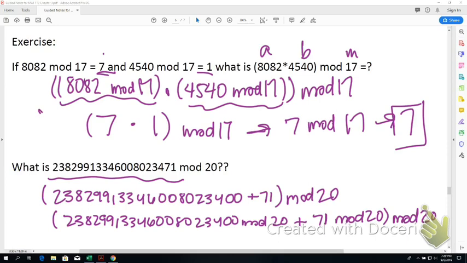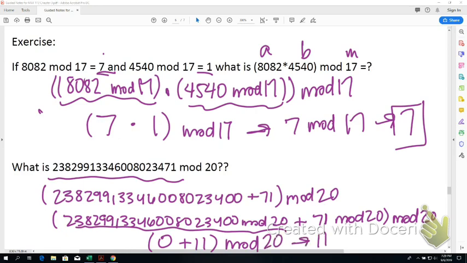And then I can think, what is this going to be, this first part here? Well, I know that's going to be 0 because it's divisible by 100 because it has those two places there, those two zeros at the end. Okay, so I can say that this is 0, and then 71 mod 20. Well, if I calculate what the remainder is, I get 11. So that would be plus 11, and then mod 20.